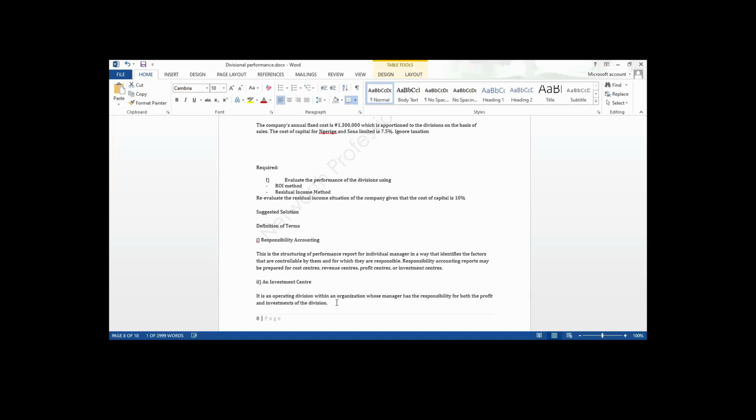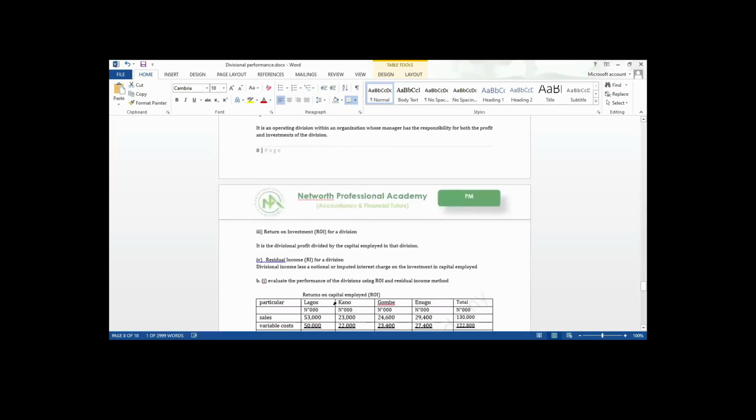Beyond the revenue and cost, the manager also takes responsibility for the investment. Return on investments, that is your return on capital employed, percentage of operating profits to capital employed, differences between operating profits and imputed interest charges.